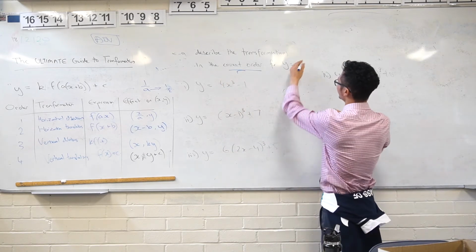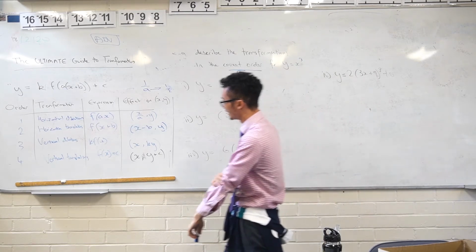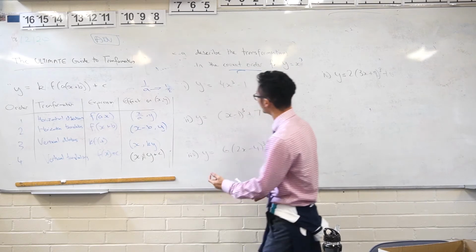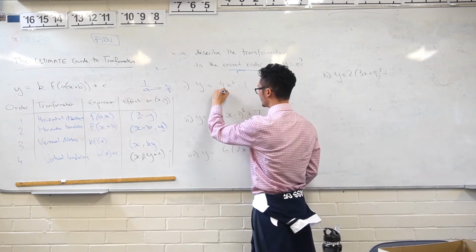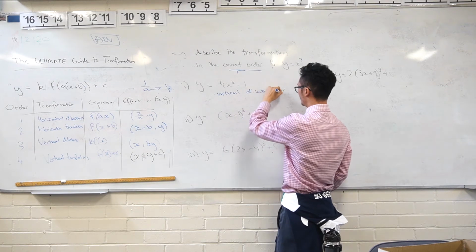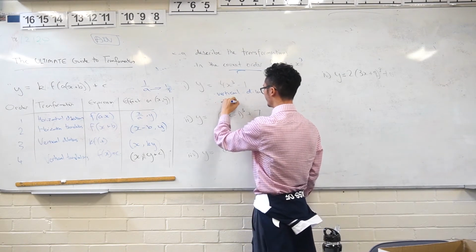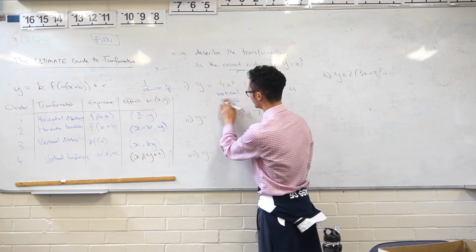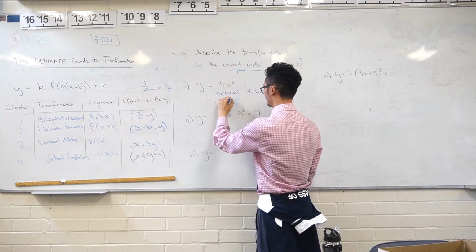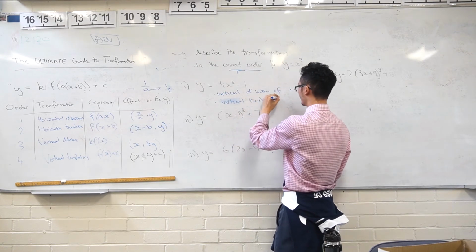The first thing we need to do is that vertical dilation, multiplying by 4. So vertical dilation of 4. And then we are shifting down 1 unit. So vertical translation, 1 unit down.